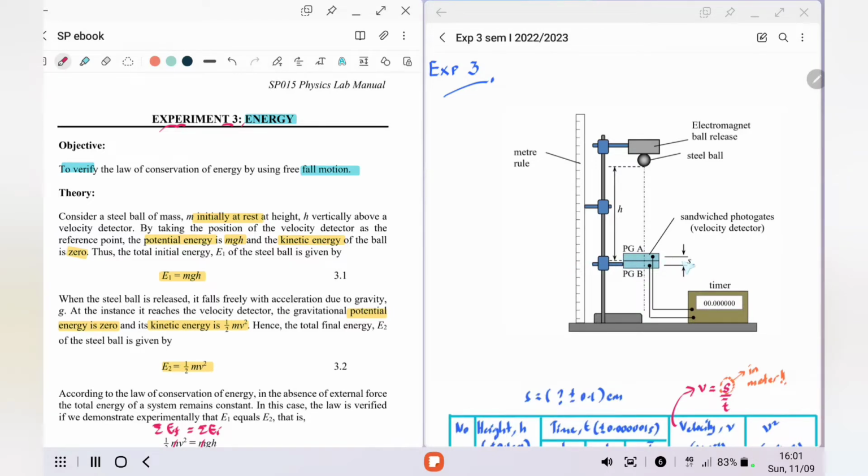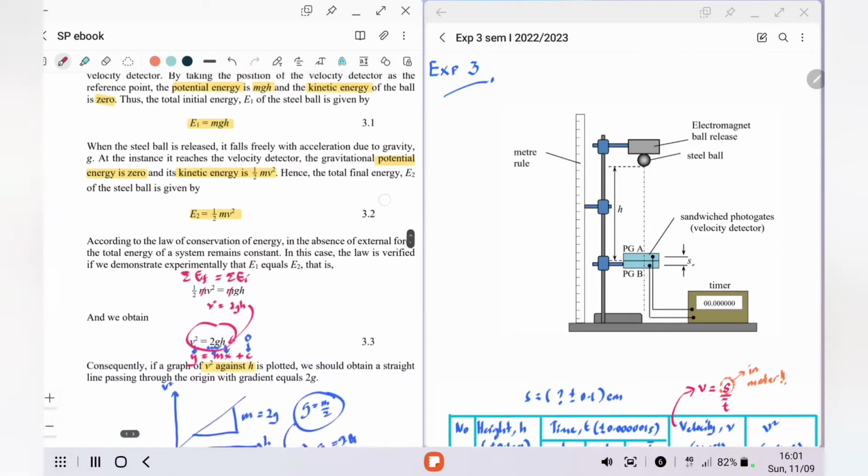So 100% of the potential energy at the initial position has been converted to kinetic energy because the object is moving faster. At the final position, the energy contained by the body is half mv squared, which is kinetic energy.